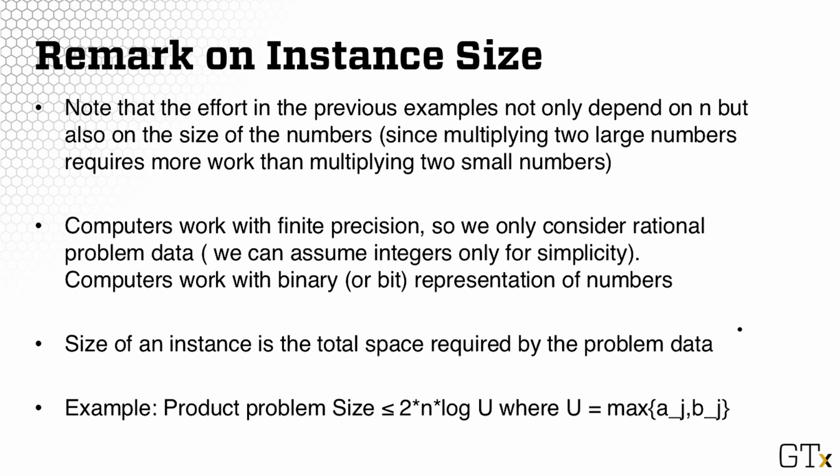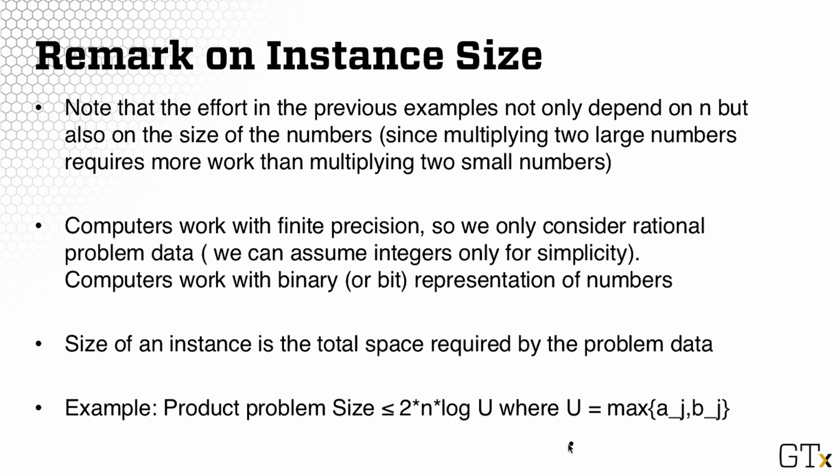So the size of an instance is the total space required by the problem data. For example, when we're trying to come up with the product of two vectors, what is the size of an instance? Each vector involves n integers, where the integers have a maximum size of u.